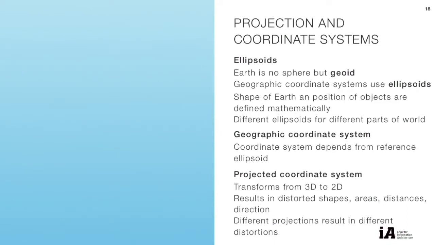Therefore, you have different ellipsoids for different parts of the world. This information is important for you. If you're working with CityEngine, for instance, and you import geodata, it will ask you for a lot of parameters: what kind of projection method, what kind of ellipsoid, and so on. If you don't set it right there, you just get screwed. You get very funny, nasty distortions, which might look fine for a VJ visual, but not for planning.